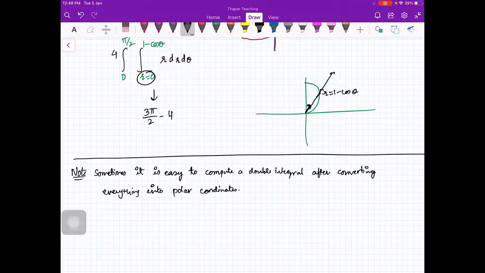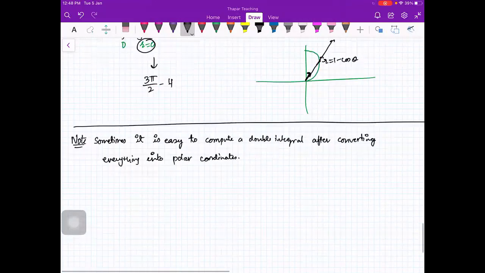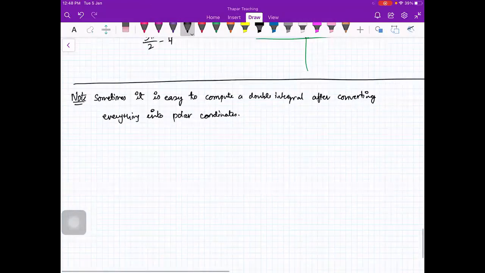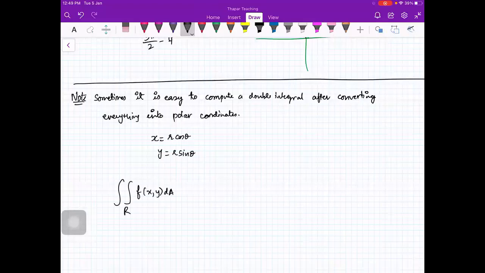How to convert? I told you x is equal to r cos theta and y is equal to r sin theta. If you have something like f(x, y) dA, converting it into polar coordinates it will be f(r cos theta, r sin theta). In place of dA, you will write r dr d theta, and the region will be the same.